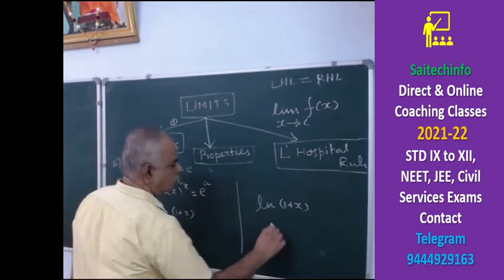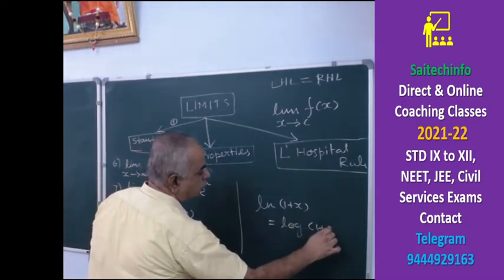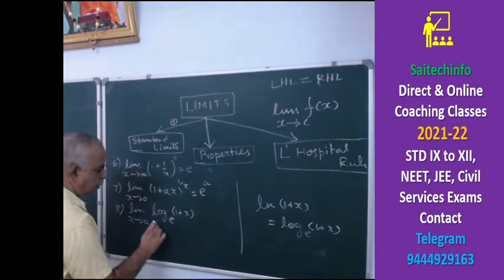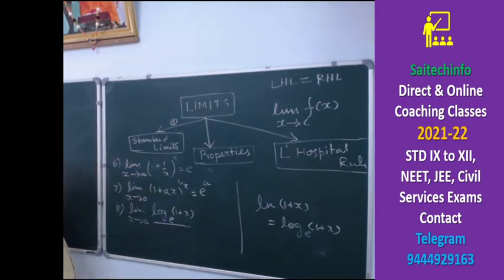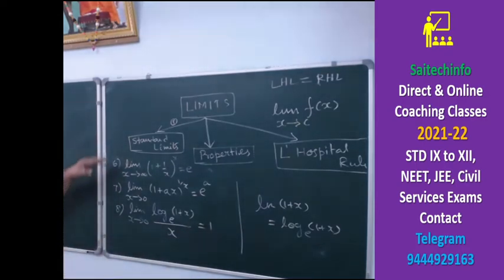Okay? So this is equal to log 1 plus x to the base e, divided by x, for which the value is 1. In fact, we have to derive the values, but before that, I would like to explore the standard limits of some important values. Have you noted down?